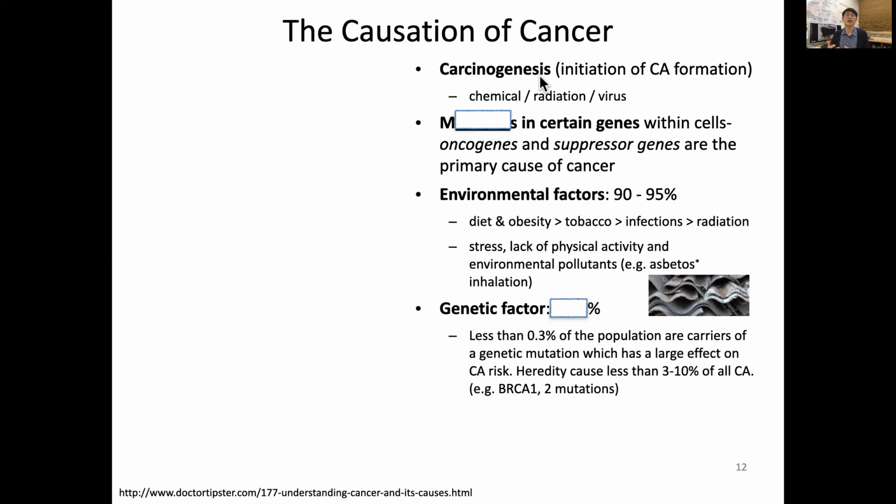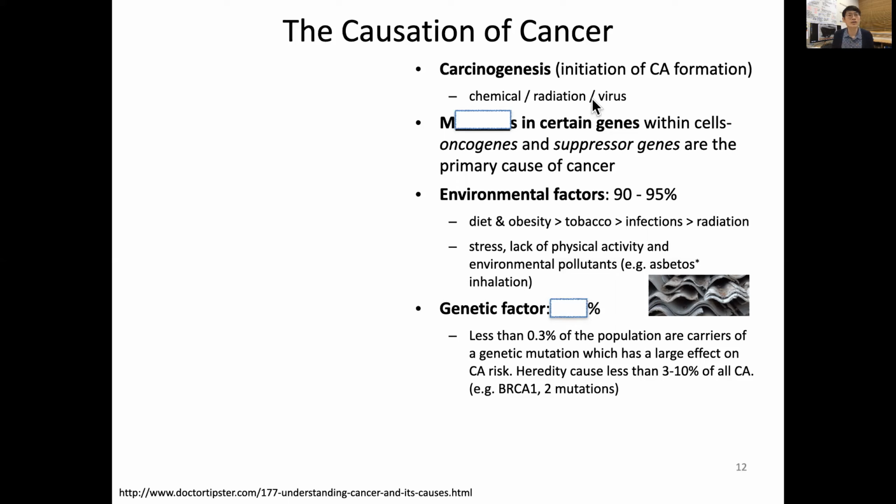There are different kinds of causes, such as chemical carcinogens. Certain chemicals are likely to cause further mutation in the DNA. Another is radiation. Especially ionizing radiation can easily cause DNA mutation, and that may lead to the carcinogenic process.